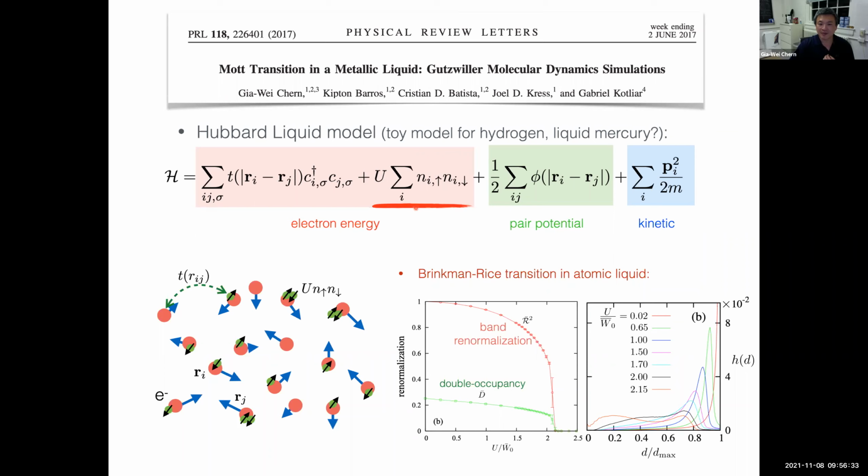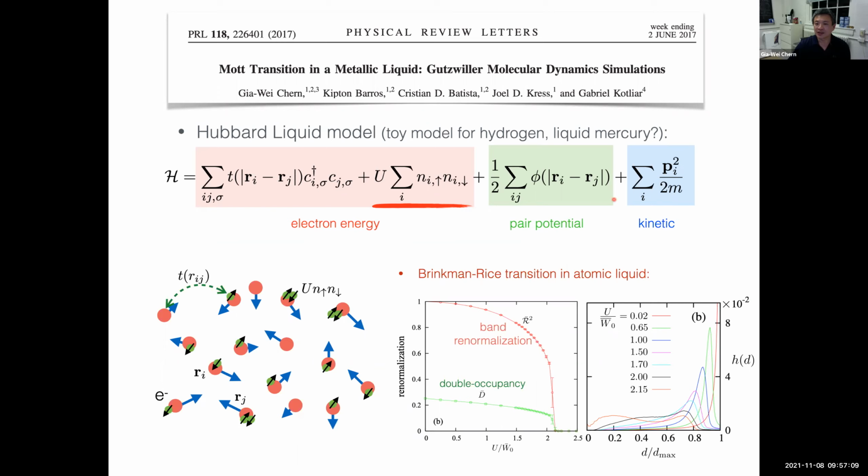Then we add a Hubbard U to describe the short-range repulsion when two electrons hop to the same atom. Then we include a phenomenological pair potential. This is mainly repulsive, because the electrons provide the attractive force, and you need a repulsive force to maintain the stability of the system. You can view this pair potential as a short-range core repulsion. And finally, you have the classical kinetic energy term for the atoms.